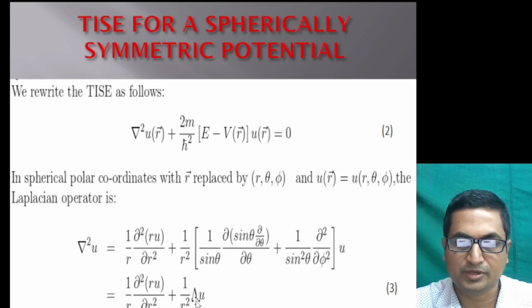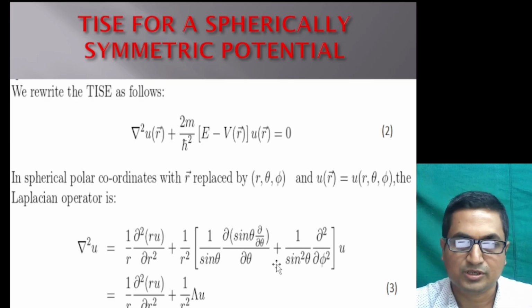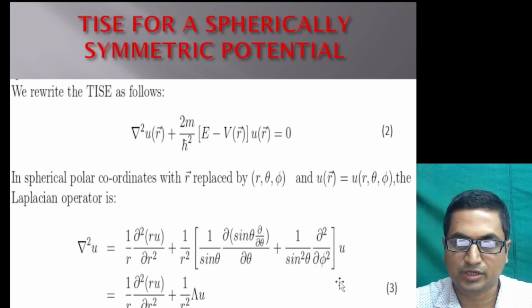Here lambda is an operator defined through this relation: 1 by sin theta ∂/∂theta of sin theta ∂/∂theta, plus 1 by sin squared theta ∂²/∂phi². So this is the expression when we convert back to the spherical polar coordinate system.